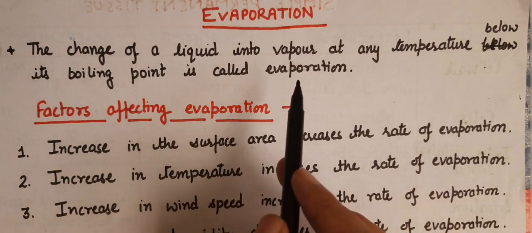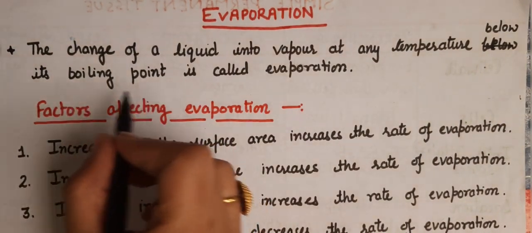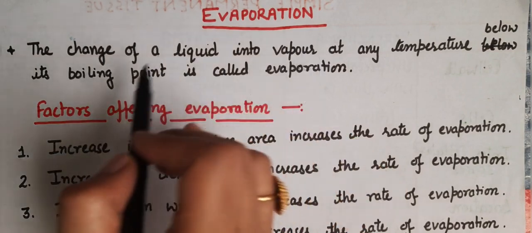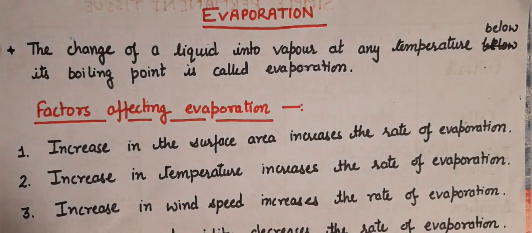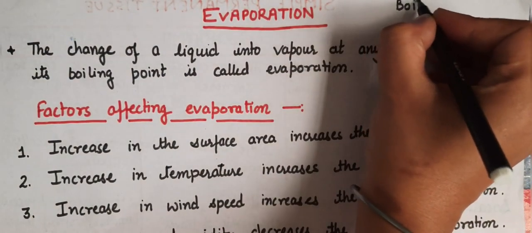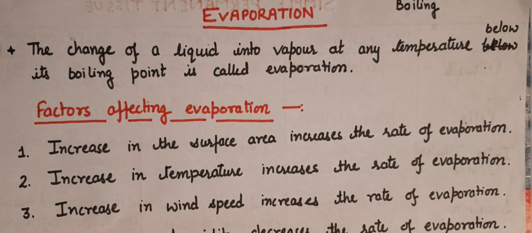That is called evaporation. And if liquid changes into vapor at its boiling point, then what do we call it? We call it boiling, when it occurs at its boiling point.